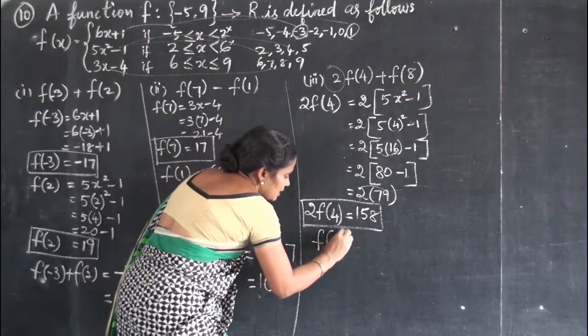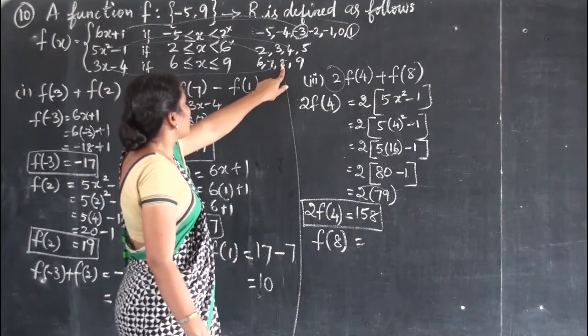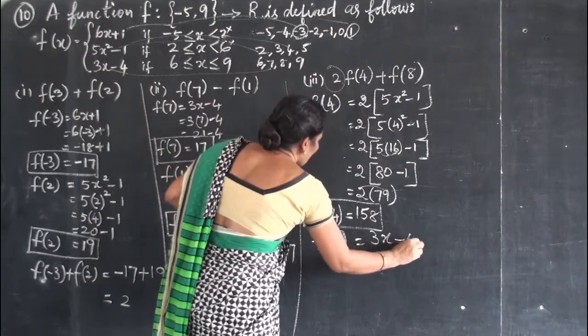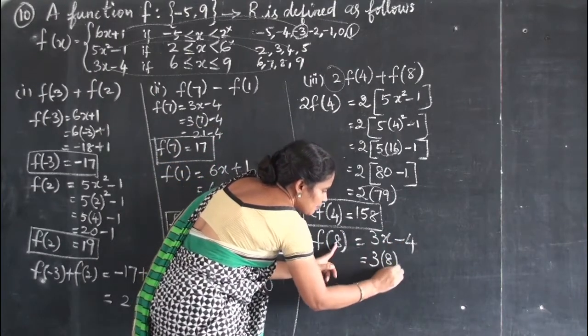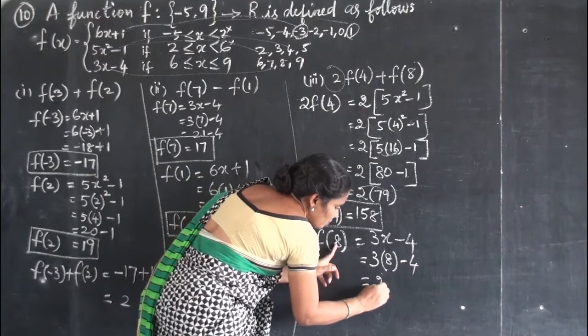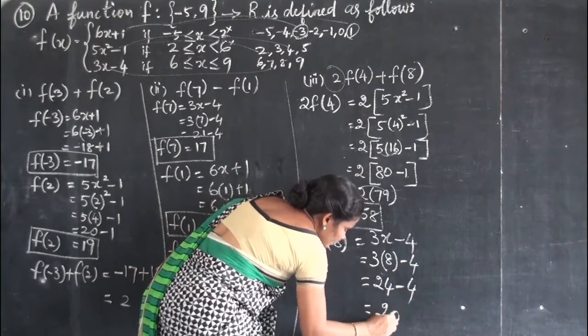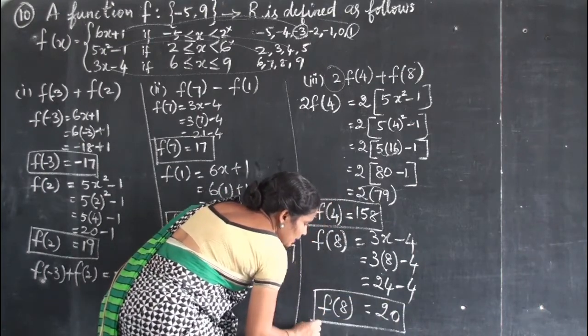What is the equation for f of 8? We get equation 3x minus 4. Write 8 in place of x, minus 4. 3 8s are 24, minus 4. 24 minus 4 is 20. So f of 8 is equal to 20.